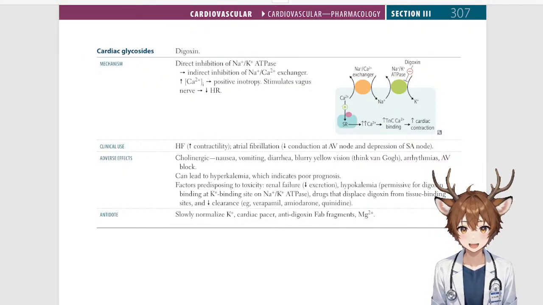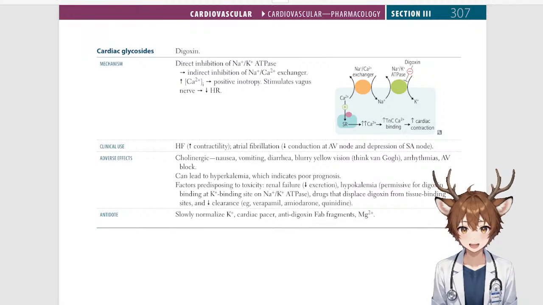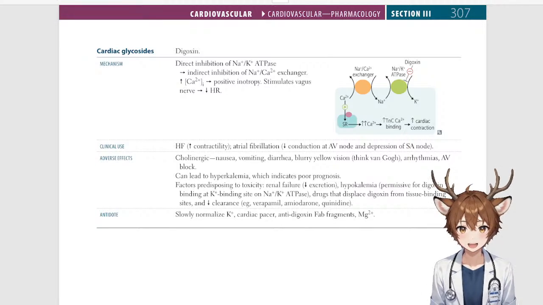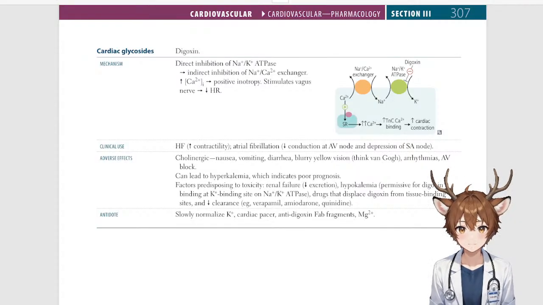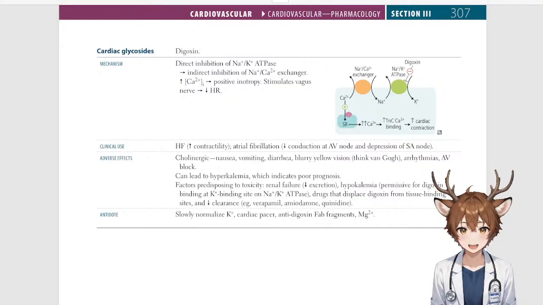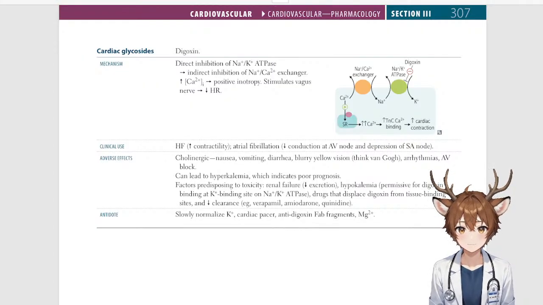Factors predisposing to toxicity include renal failure, which decreases the excretion, hypokalemia, permissive for digoxin binding at potassium binding site on the sodium-potassium ATPase, drugs that displace digoxin from tissue binding sites, and decrease in clearance, for example, verapamil and amiodarone and quinidine. Is there an antidote for it? Well, yeah.